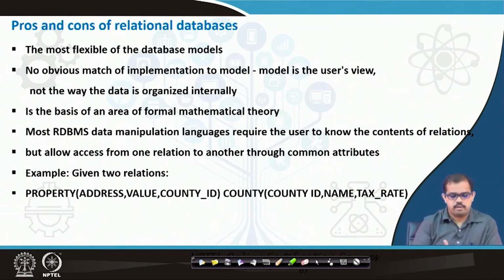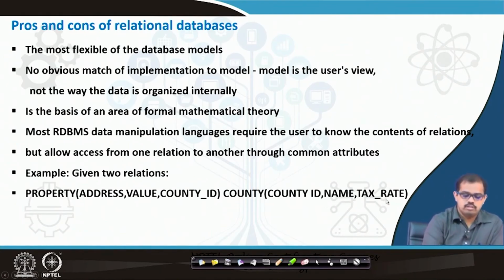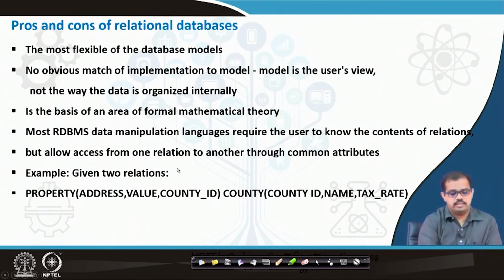For example, the property has an address, value, and country ID, and the country table has the same country ID. So country ID is the common attribute here. Then you have a name and tax rate. A person who wants to know property details would be given access to only the property table. If someone wants to know the country details, they would see only that table.